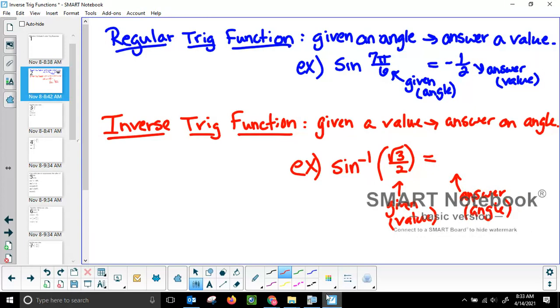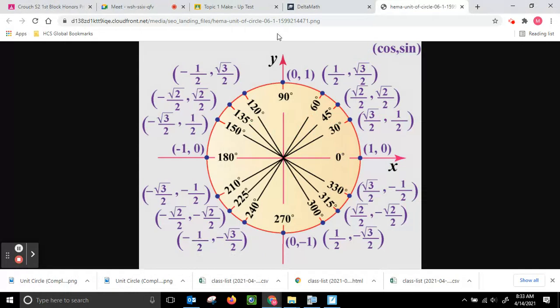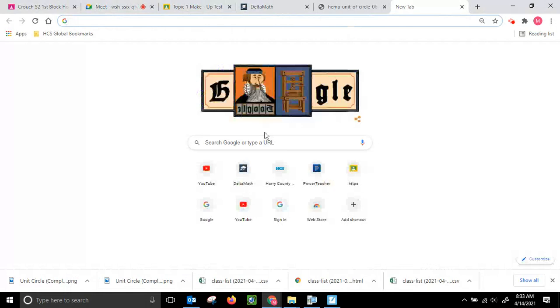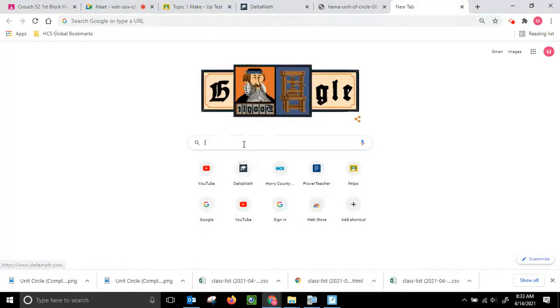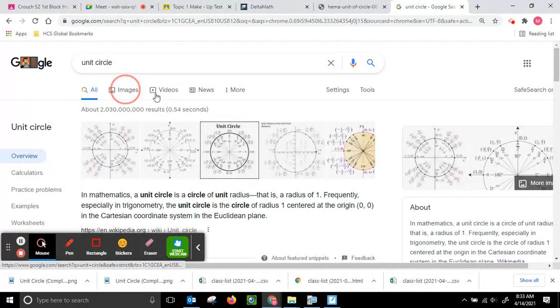Actually, now I'm kind of annoyed at my unit circle since it only has degrees on there. So let's do a better unit circle here.